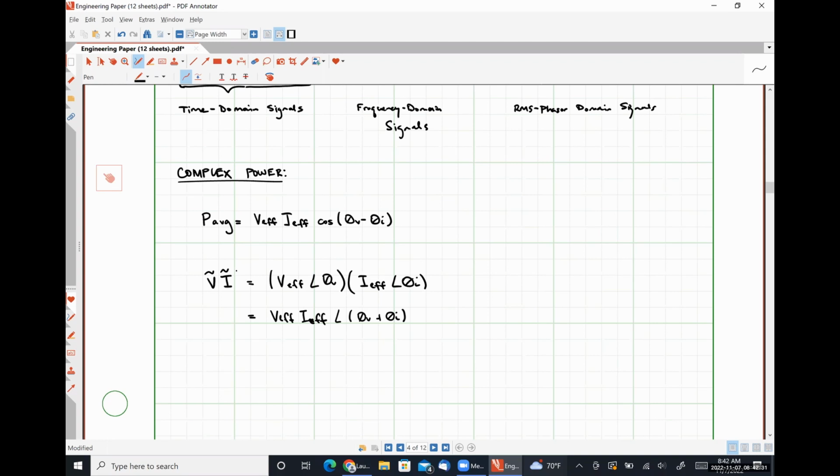So if I had V RMS phasor times I RMS phasor conjugate, that would put a negative sign there, which would in turn put a negative sign here.